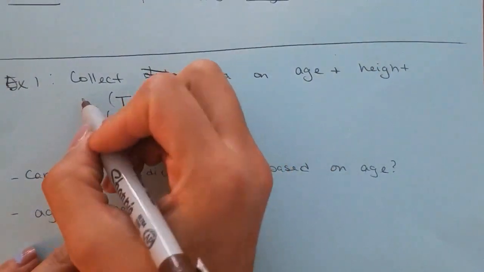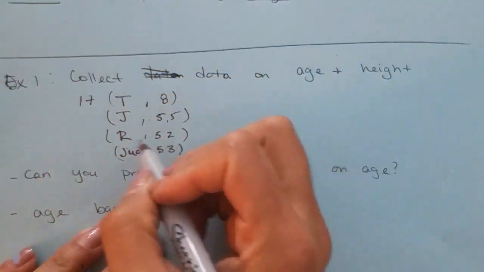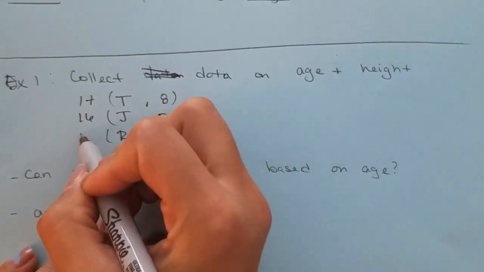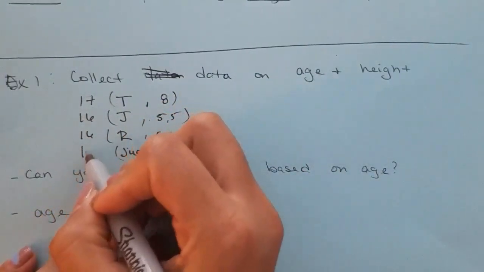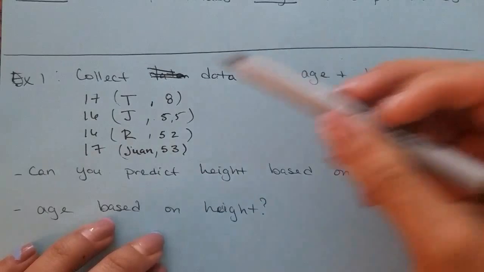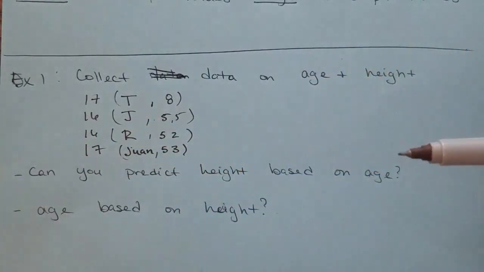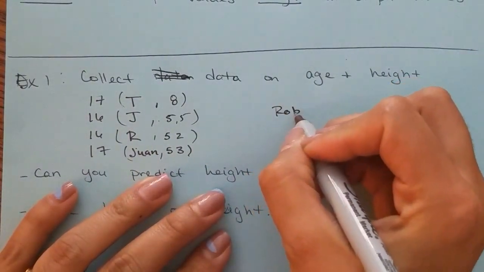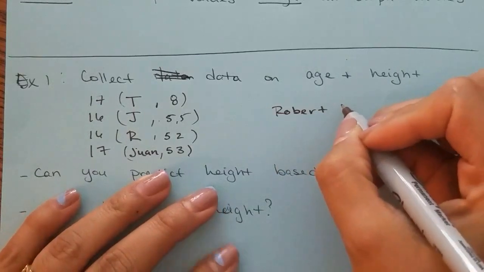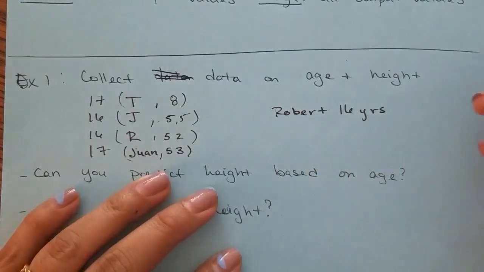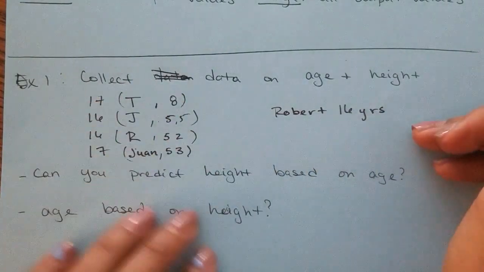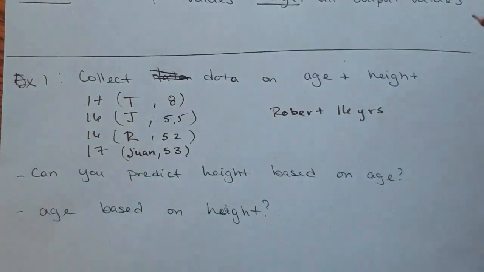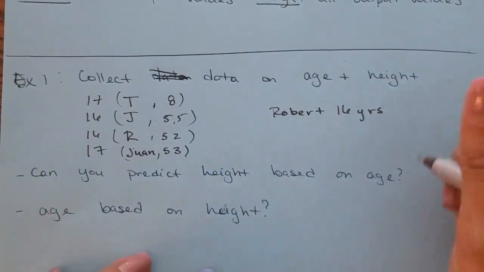So let's say Tyler is 17 and Jenny is 16 and Ramon is 16 and Juan is 17. Based off of these ages, would we be able to predict someone else's height based off their age? So let's say Robert is over here and Robert is 16 years old. Can I predict his height based off of this information? Well, no, right? That all depends on genetics and what shoes you're wearing and whatever. So, no, we can't do that.